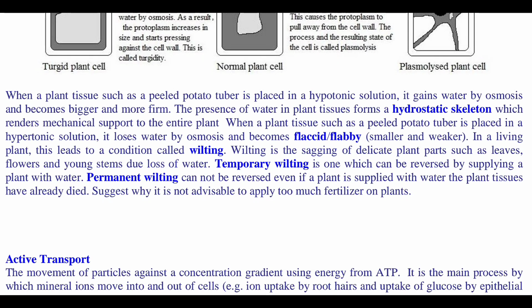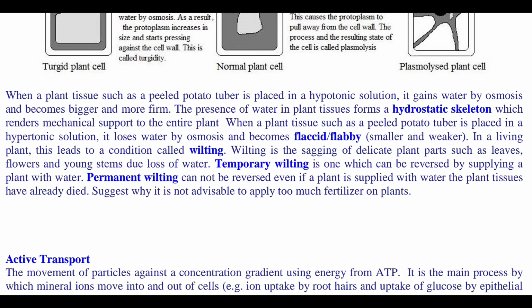Okay? When a plant tissue such as a peeled potato tuber is placed in hypertonic solution, it loses water by osmosis and becomes what? Flaccid or flabby, or small and weaker. In a living plant, this leads to a condition known as wilting. Wilting is sagging of delicate plant parts such as leaves, flowers, and the young stems due to loss of what?